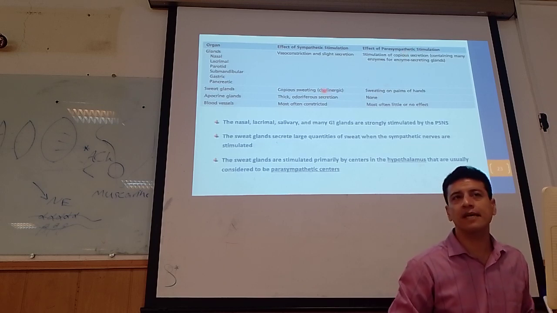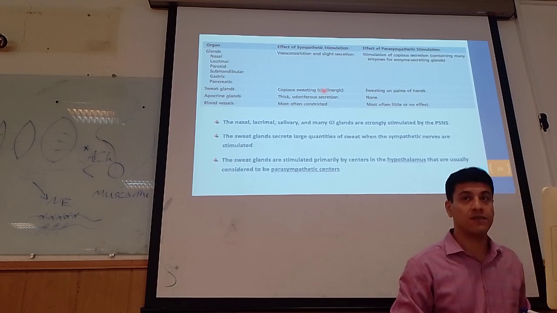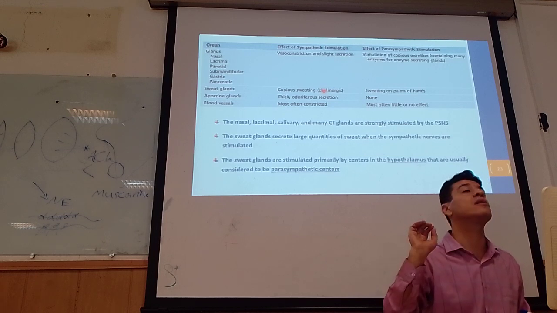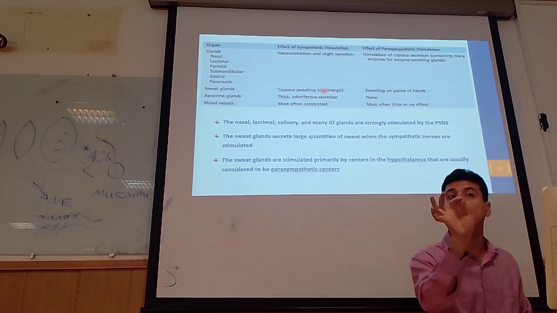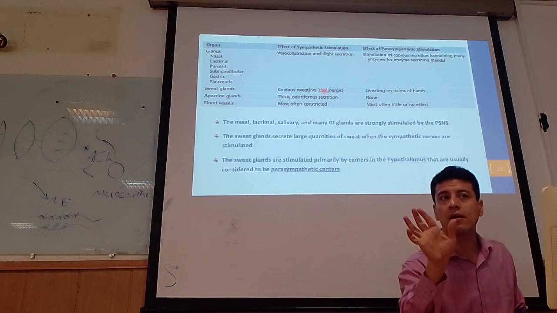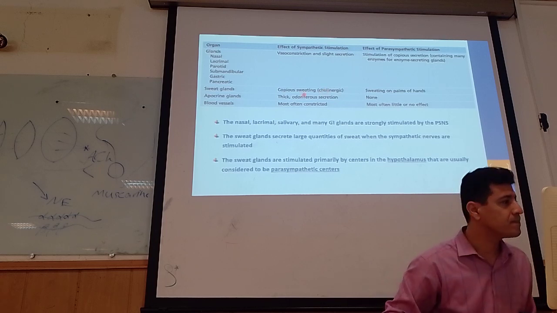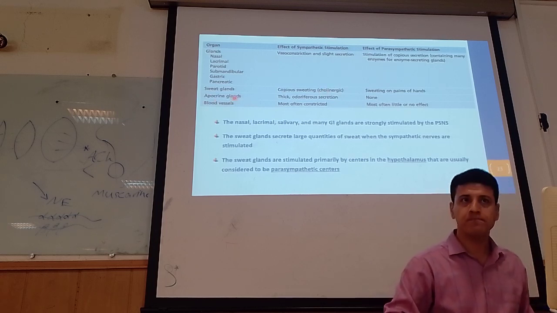The sweat glands are activated by cholinergic neurons in the sympathetic nervous system. This is an exception. Remember that? I told you that instead of releasing norepinephrine, these fibers release acetylcholine. Receptor is muscarinic. Again, muscarinic.